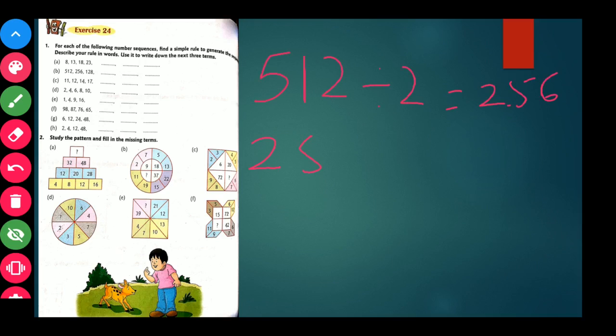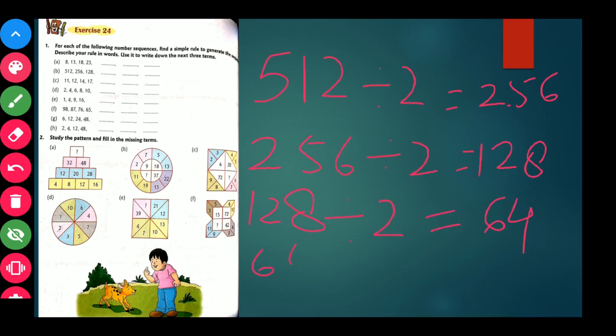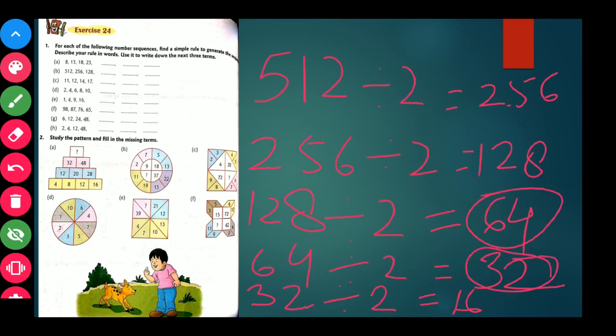Similarly, when we divide 256 by 2, we get the answer 128. So divide 128 by 2 and we get the next number, that is 64. Now divide 64 by 2, you will get the answer 32. And similarly divide 32 by 2, you will get the answer 16. So the next numbers are 64, 32 and 16.